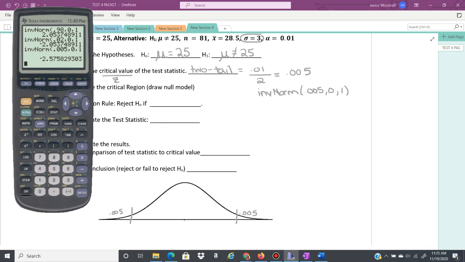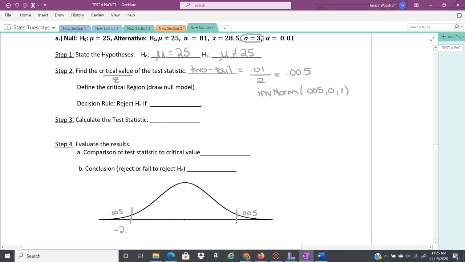That's going to give me a negative 2.576. So I'm going to do plus or minus 2.576. I've got a negative on the left and a positive on the right.